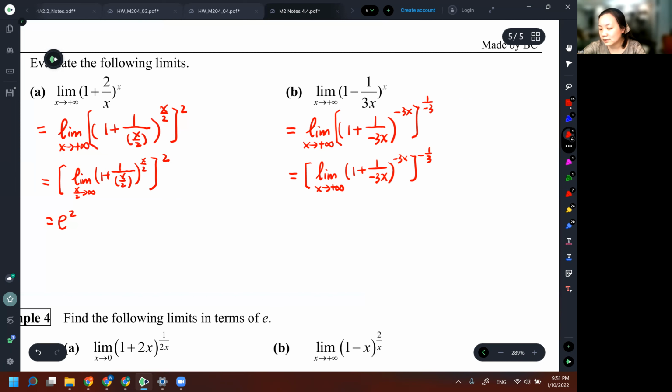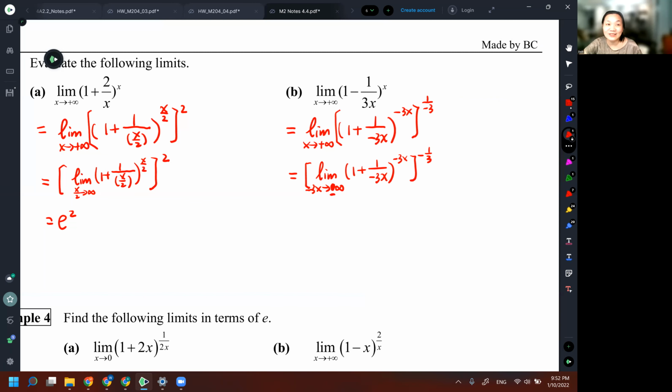Now this one, you see, when x tends to infinity, negative 3x tends to negative infinity. However, this limit we also base on guessing. I have to emphasize that this is not based on any mathematical knowledge.